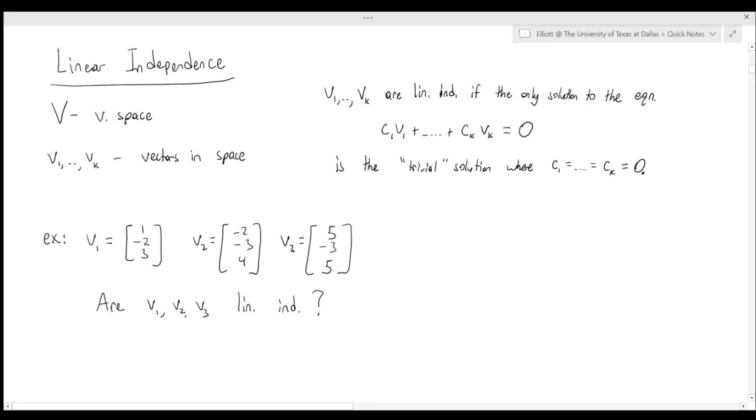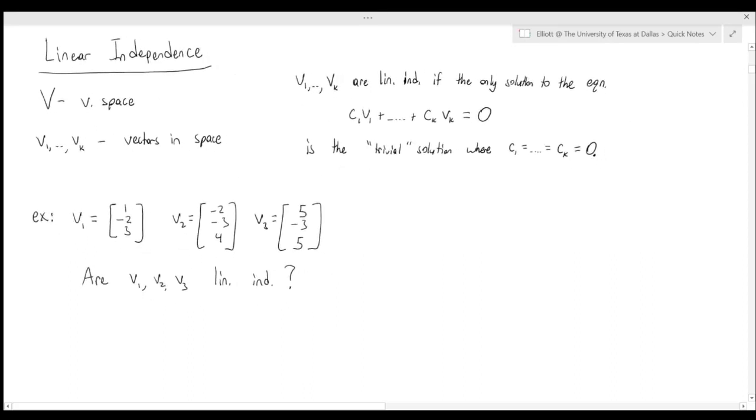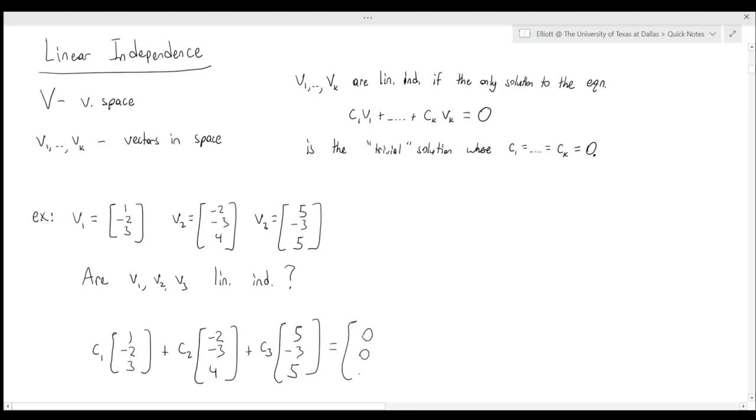To check if they're independent, we want to set up the equation c1v1 + c2v2 + c3v3 = 0.